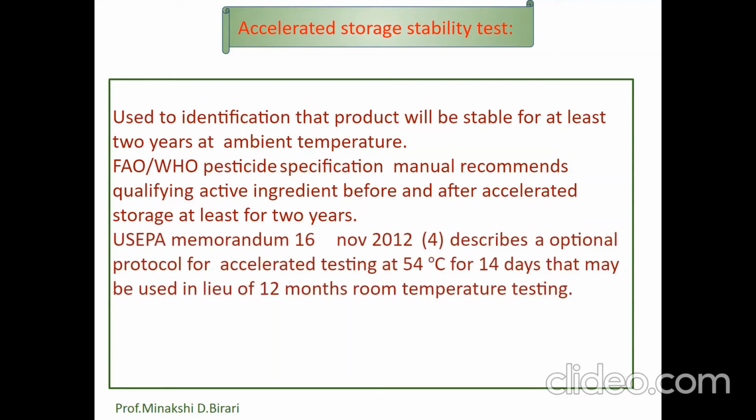The US EPA Memorandum of 16 November 2012 describes an optional protocol for accelerated testing at 54 degrees Celsius for 14 days that may be used in lieu of 12 months room temperature testing.